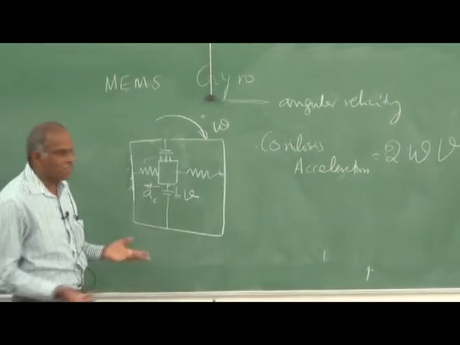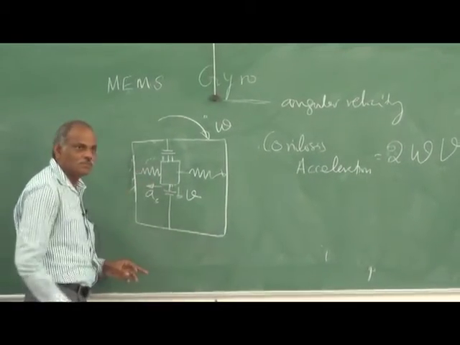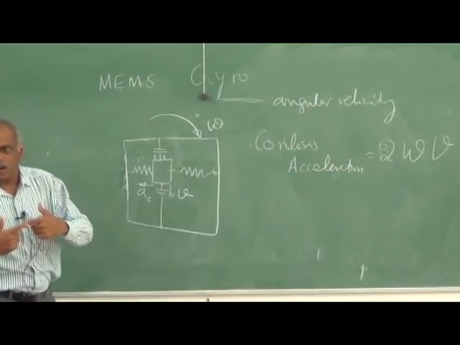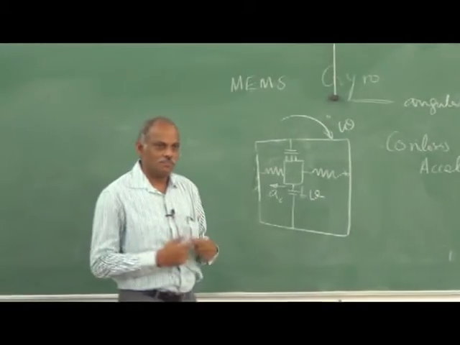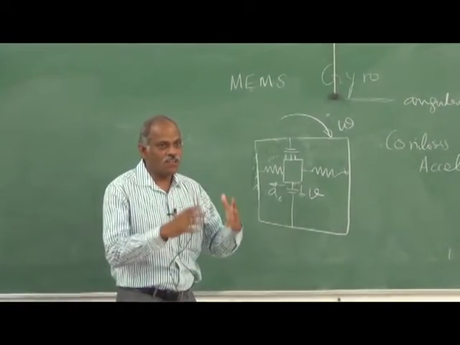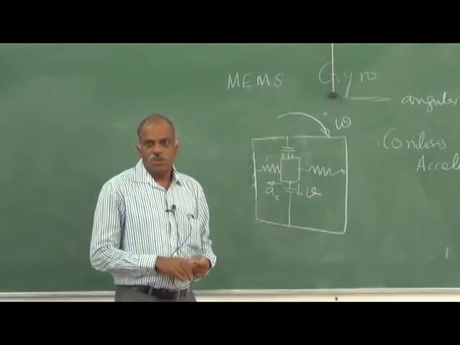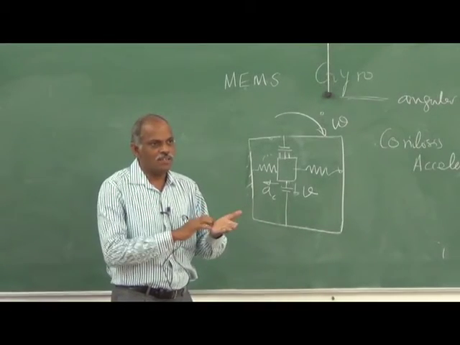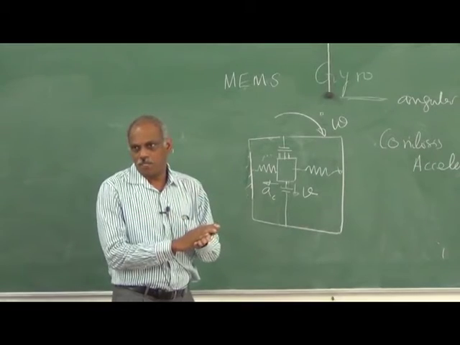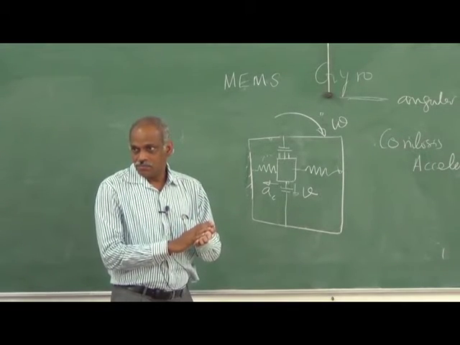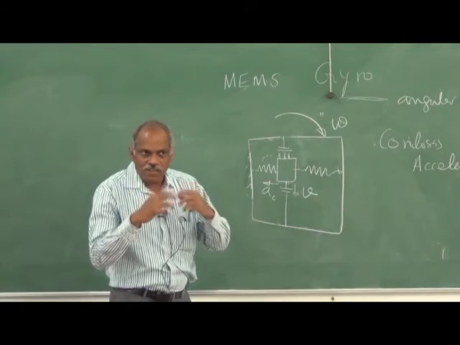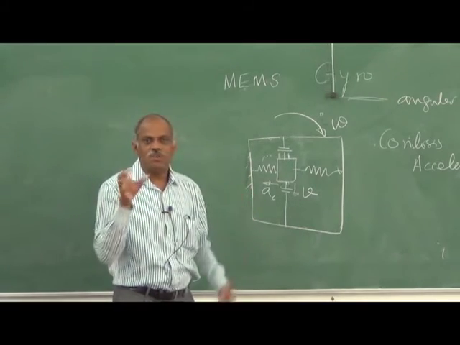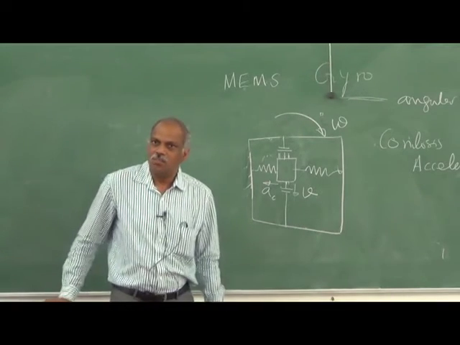So all this requires, this spring, this mass, the fingers, everything is made of silicon in a monolithic way. There is no external metal piece and no assembly is required. Everything is made on a silicon wafer. Everything which is not required is removed, etched away, so that you have a monolithic part.